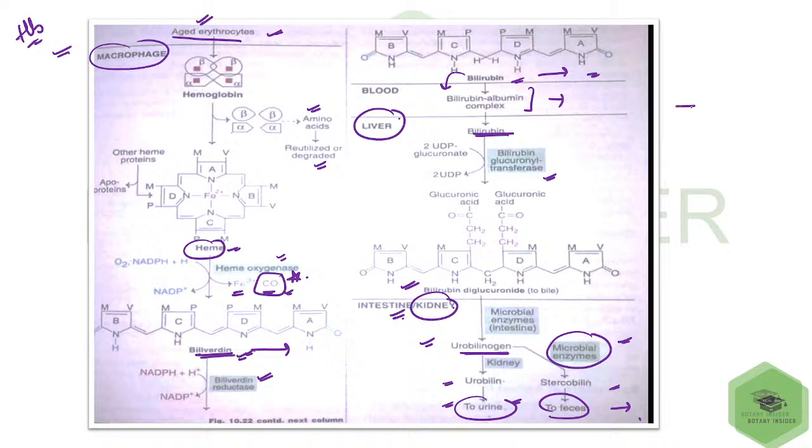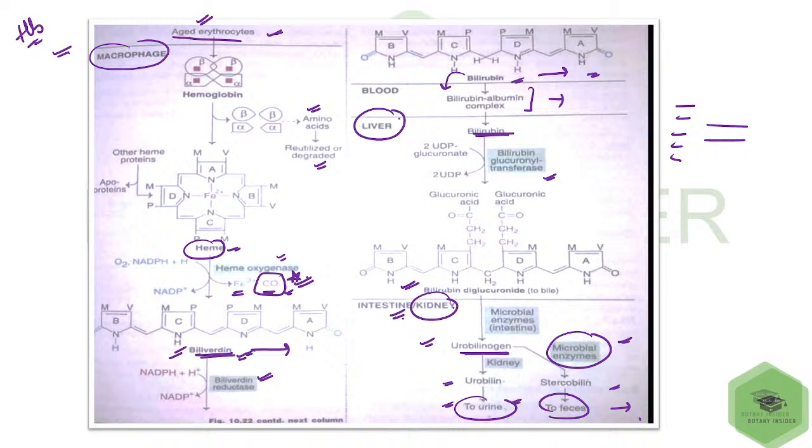Okay, in the question, four options were there. First was whether it is biliverdin or bilirubin that is formed first, and then whether it's carbon monoxide or nitric oxide that is released. So you have carbon monoxide being released and biliverdin getting formed first.